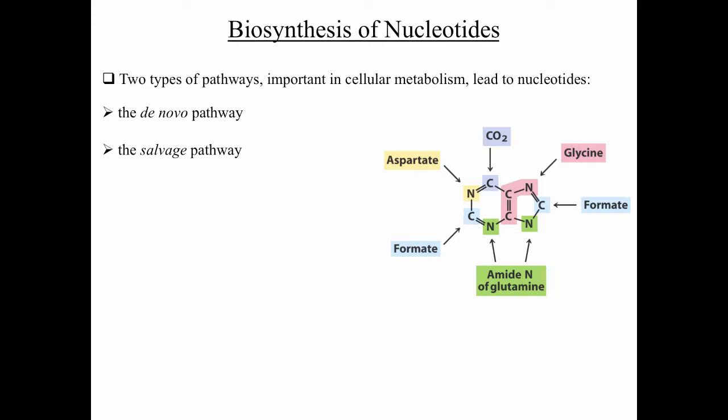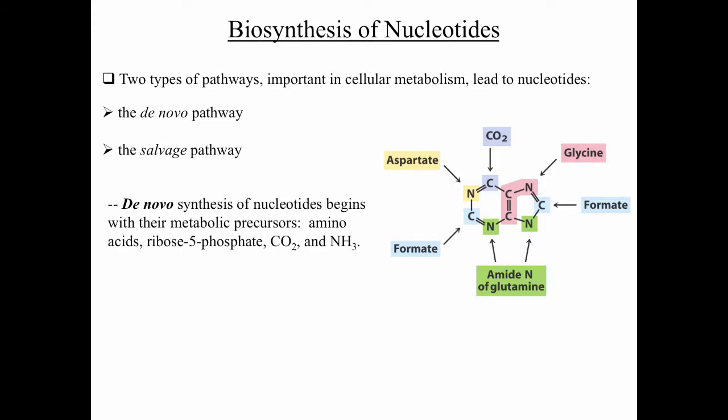There's what's called the de novo pathway, meaning they are made from new, and then the salvage pathway, which is essentially the recycling of already existing nucleotides. So de novo synthesis is going to be derived from different metabolic precursors such as amino acids, ribose 5-phosphate, CO2, and ammonia.